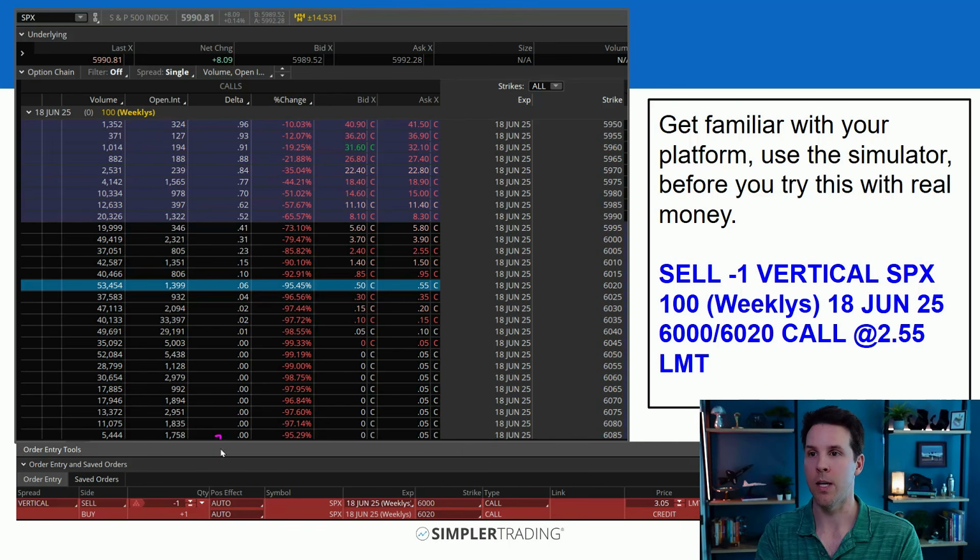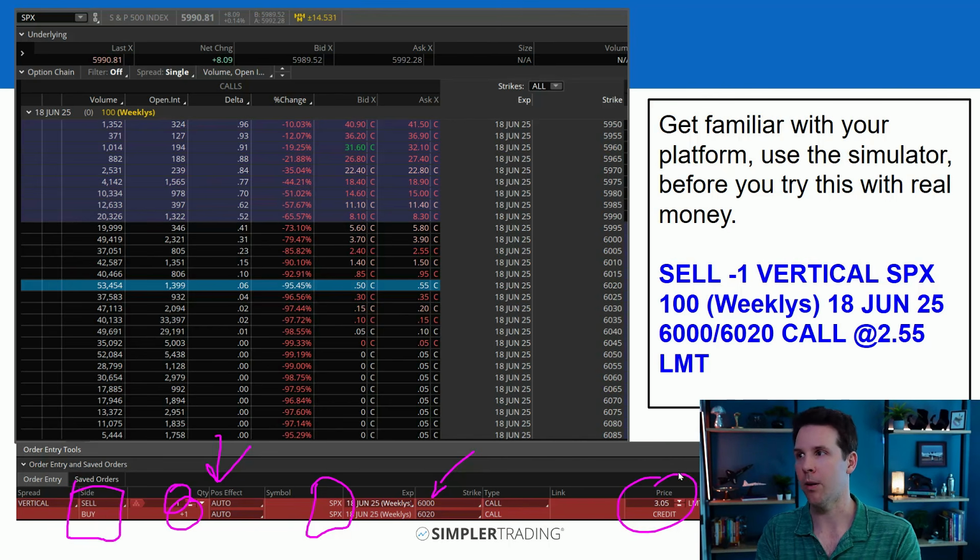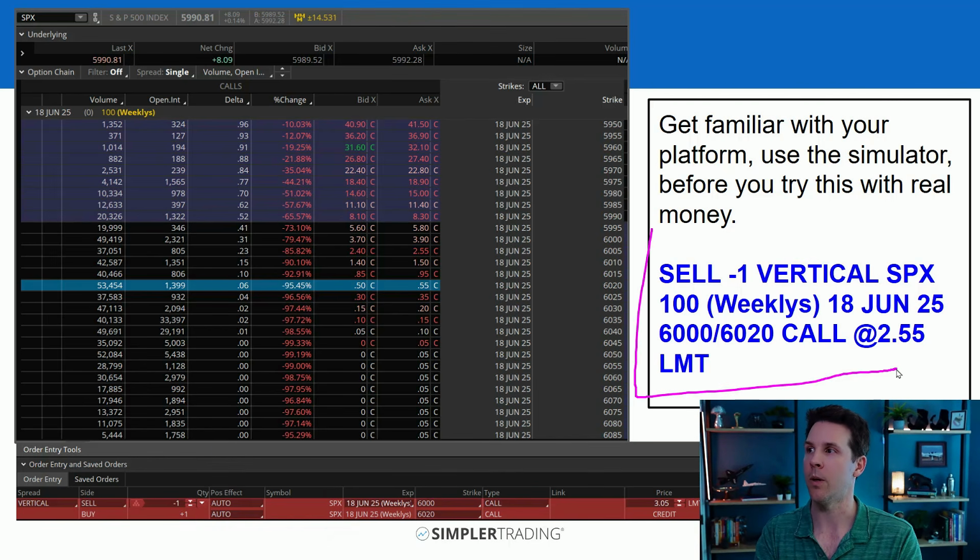And what you can see down below is what it looks like for Thinkorswim. So you're selling one, you're buying one, and these are the strikes, these are the expirations, this is the product that you're doing. You can see that here you're selling and you're buying. And then you can see here, roughly that was the difference. So this thing was moving at the time when I was making this. So that's what that looks like. And then you can see here, this is how you read it.